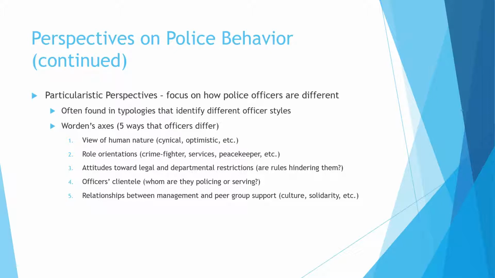Maybe it's that person's view of human nature that's making them a bad cop, or maybe they have a legitimate beef. Maybe they don't get along with management because management is really bad. Maybe we have incompetent people in charge of the police department. Maybe it's the individual officer, maybe it's the environment in which they're policing. But Warden's axes help us to take a closer look and focus in on key points that affect police officer behavior.